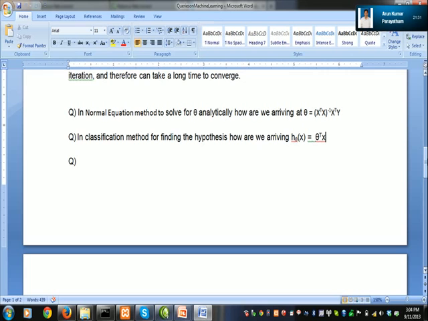This theta transpose x is for linear regression. In classification, this will become 1 by 1 plus e power minus z, where z equal to theta transpose x. Where you got this, I don't know.